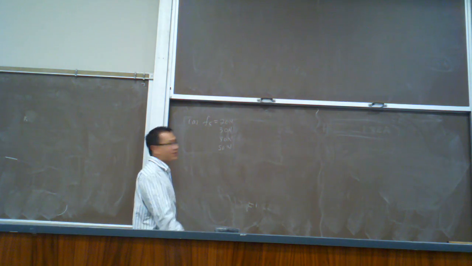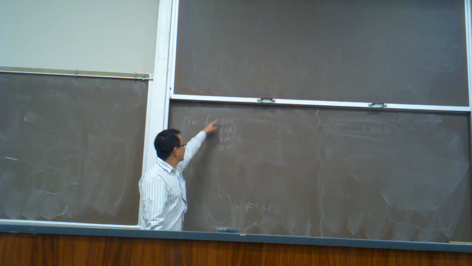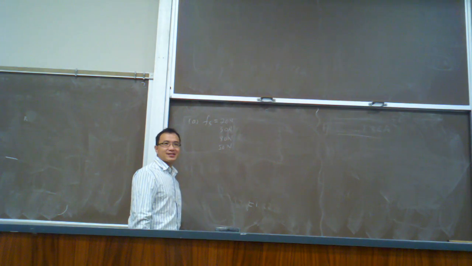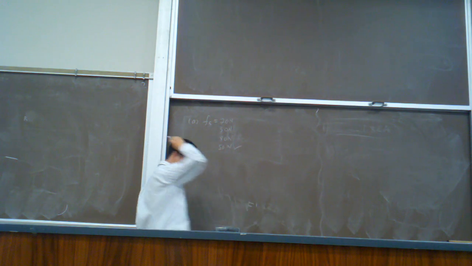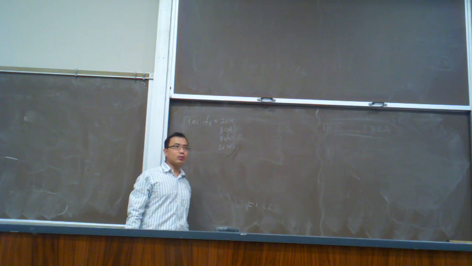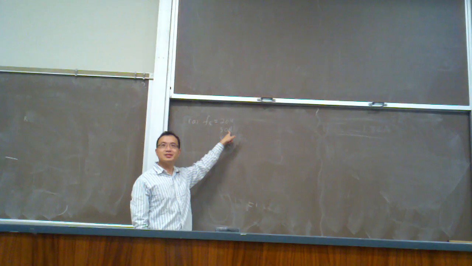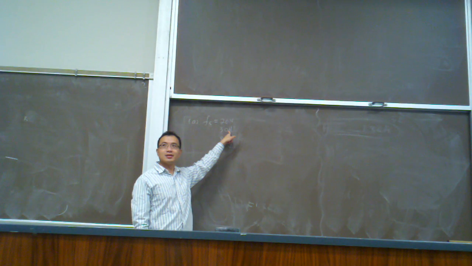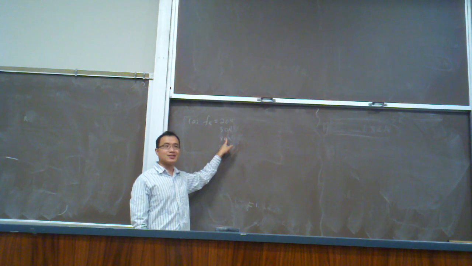So which one is correct? If you vote A, B, C, D, 1, 2, 3, 4, which one is correct? No, I'm asking you, how many would choose 1? How many of you would choose 2? How many of you choose C? 3.